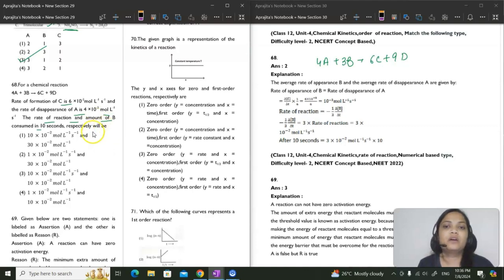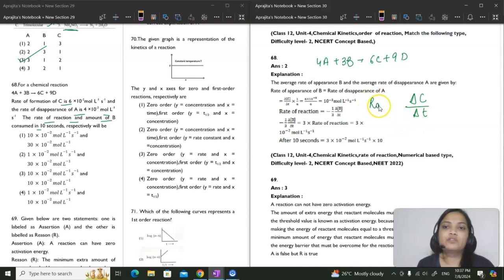Okay students, here you know that rate of reaction is the rate of disappearance of reactant and the rate of appearance of product. Firstly, the rate of appearance of C is given.